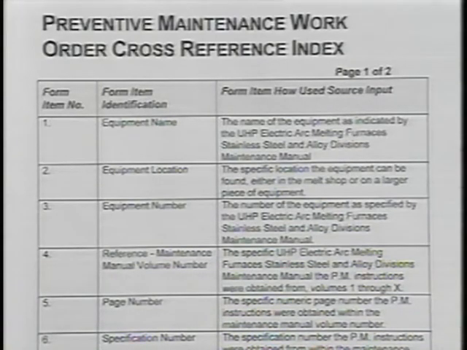And that basically describes how that data, meaning the equipment name, is actually developed. So these are the instructions in terms of not only developing the PM form, but also the instructions on how anyone would read the data relative to the PM form.